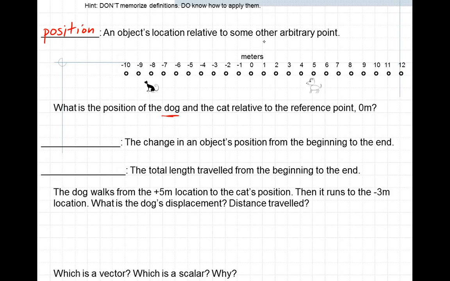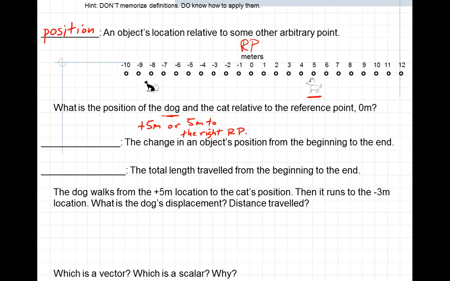Now we consider the reference point to be here at 0 meters. So the dog is to the right of the reference point. So we would say that the dog is at plus 5 meters, or we could say that it is 5 meters to the right of the reference point.